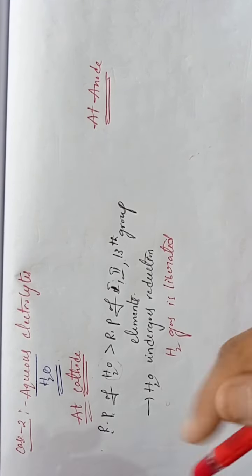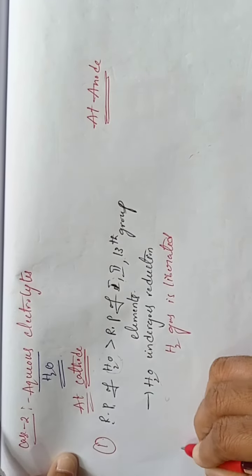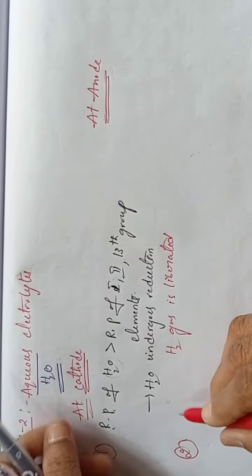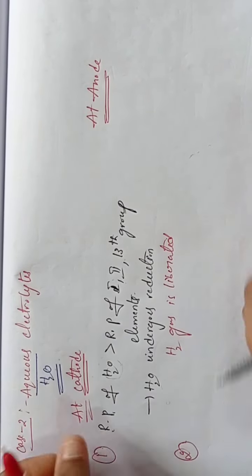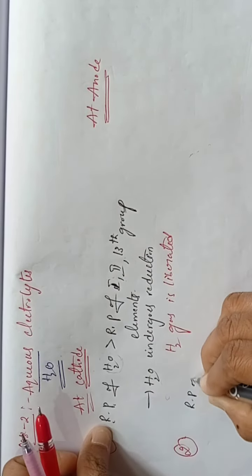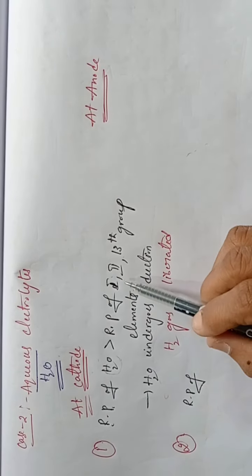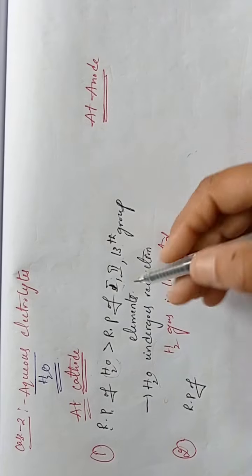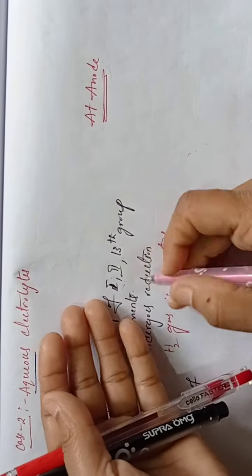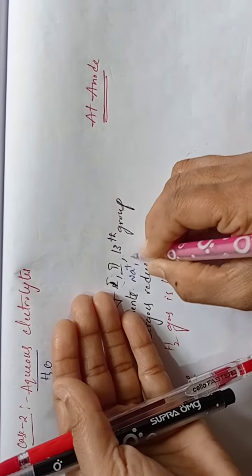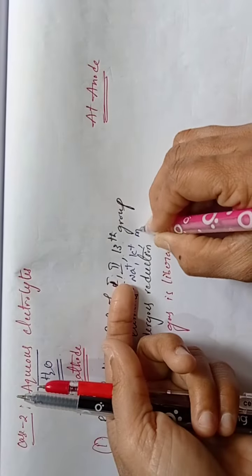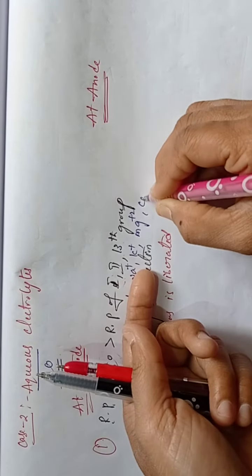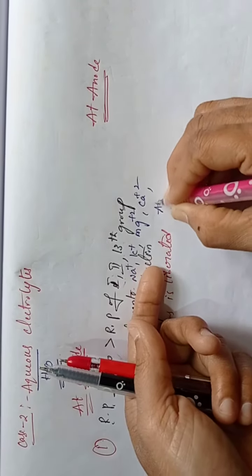Now the second case, students. Here I am taking first, second and 13th group elements. First group: Na plus, K plus. Second group: Mg plus 2, Ca plus 2. And 13th group: Al plus 3.